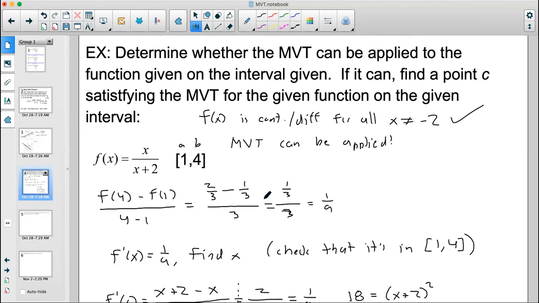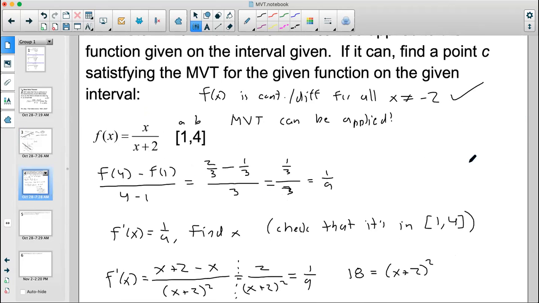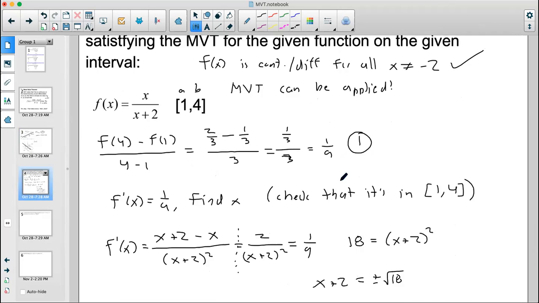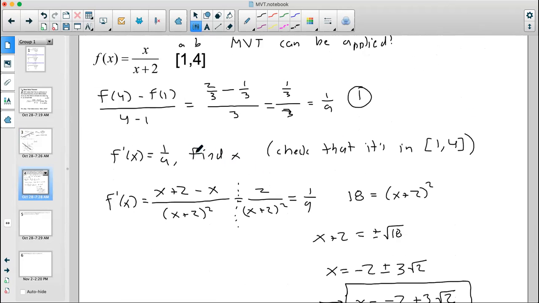Just to recap, I think the smart play is to do this first: figure out what f of b minus f of a over b minus a is equal to. Then take the derivative of f, then set it equal to whatever this number was.